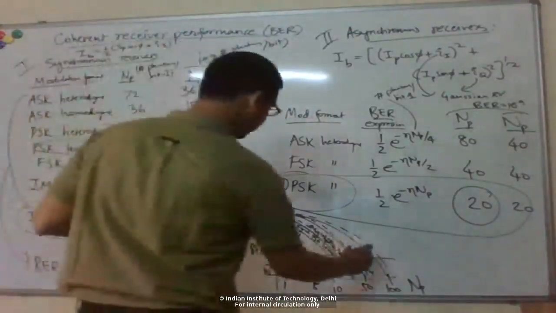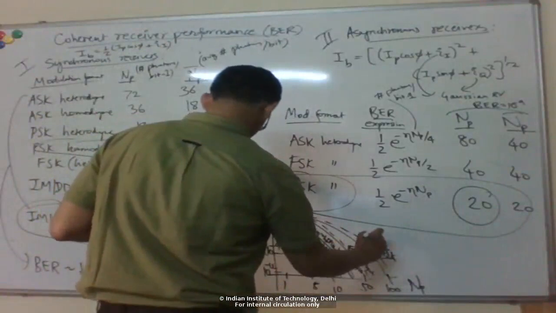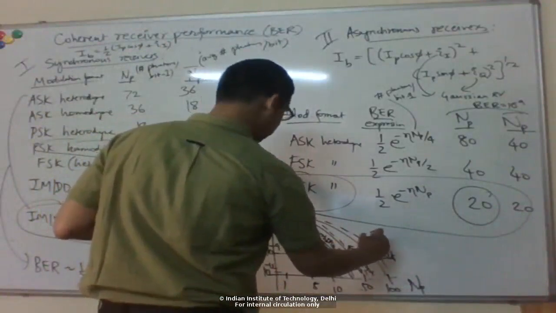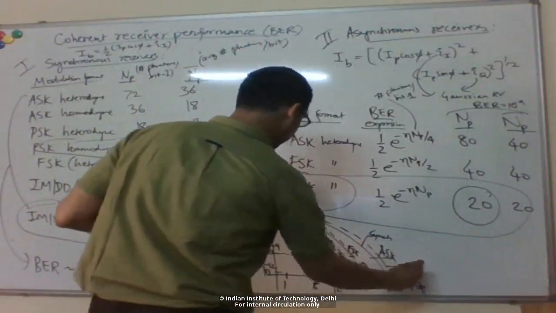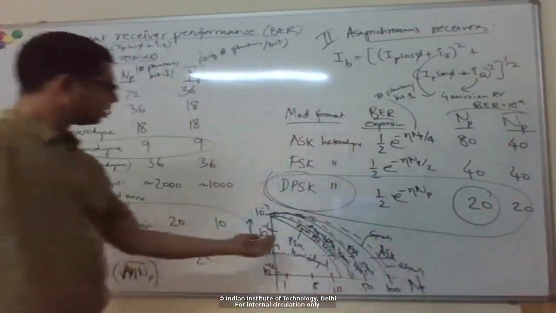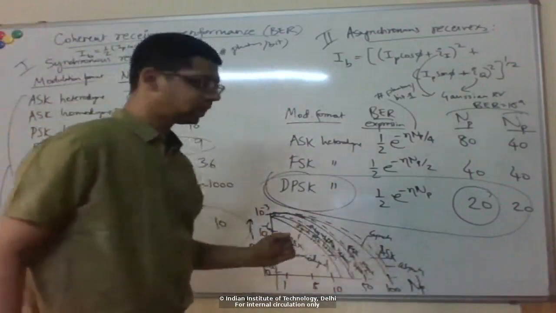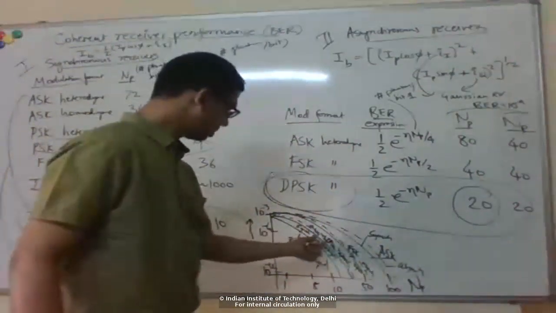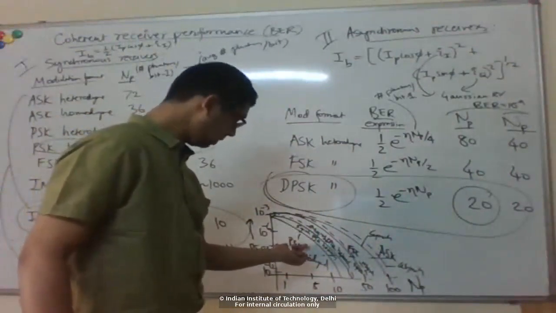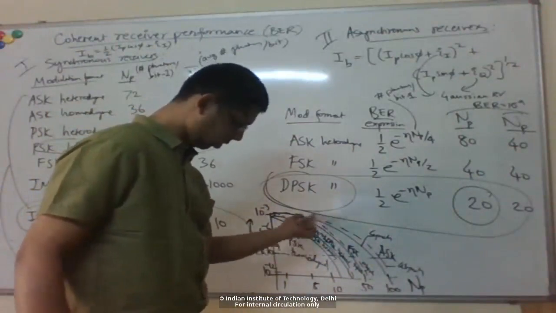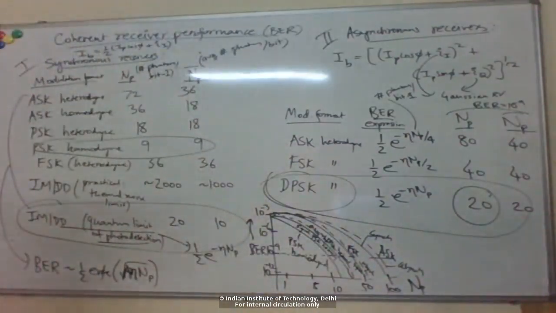And finally, we have ASK, again synchronous and asynchronous. So you can see that PSK gives you the best sensitivity, followed by FSK, followed by ASK. And for each case, homodyne or synchronous is the best, followed by asynchronous heterodyne.